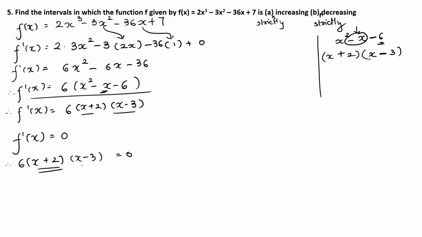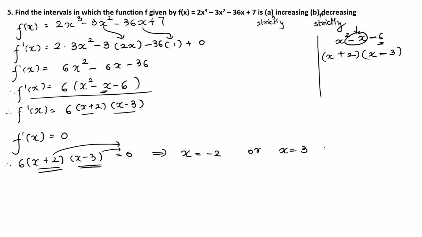That means I can have 2 values of x. You can see when multiplication of these 2 brackets is 0, that means either x plus 2 is 0 or x minus 3 is 0. If I take x plus 2 is equal to 0, that means x is equal to -2 or x is equal to 3.